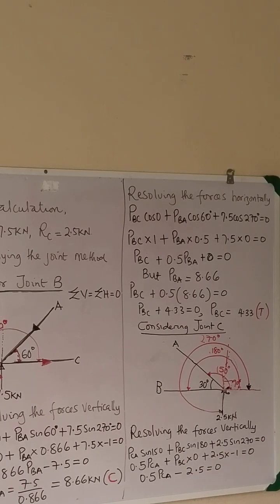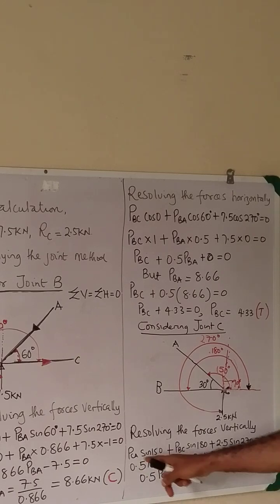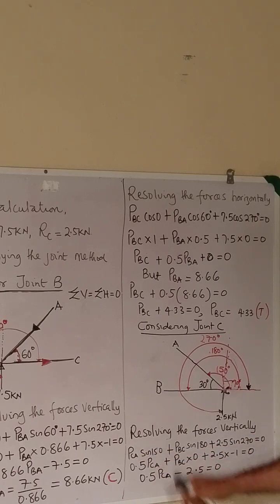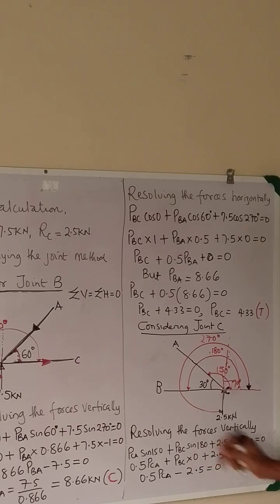So when you do your calculation, sine 150 is 0.5, so you multiply it by PCA, that will give you 0.5 PCA, plus sine 180 is 0, so that will give you 0 here. Sine 270 is minus 1, so you are going to have 0.5 PCA minus 2.5 equal to 0. It is minus because sine 270 is minus.